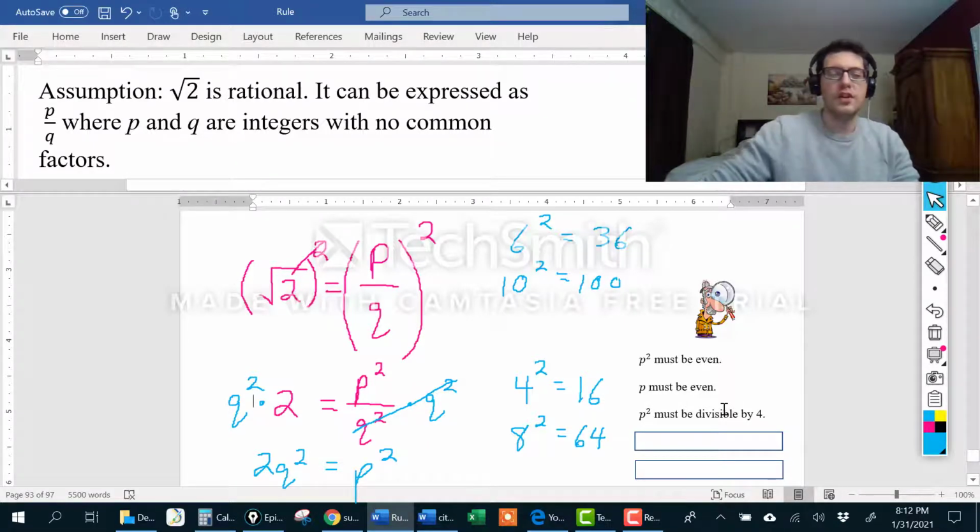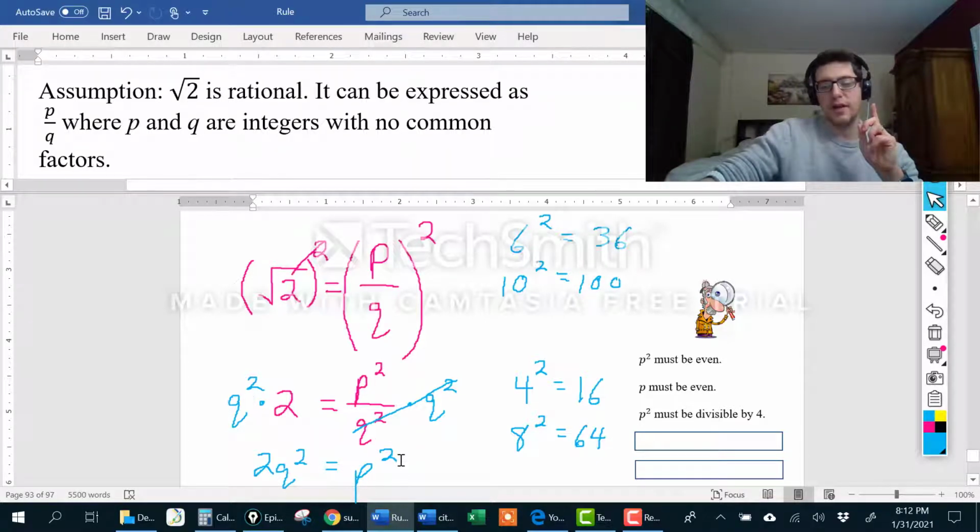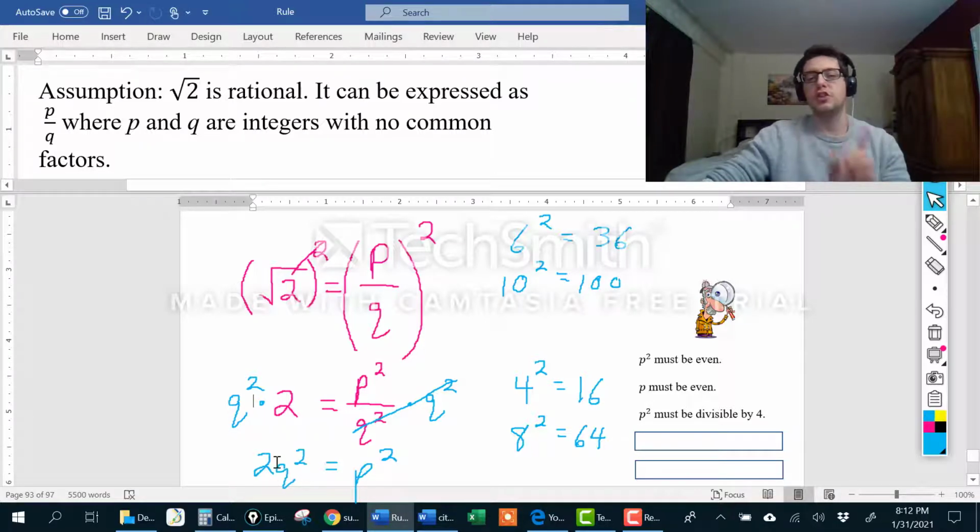Okay, so now I know that p squared is a number which is divisible by 4, and that's equal to 2 times q squared. Now again, I don't know what p is, and I don't know what q is, but I know that p squared is an even number, I know that p is even, I know that p squared must be divisible by 4, and now I can go back to this other side of the equation and think to myself, well, if this is a number which is divisible by 4, and this is equal to 2 times q squared, and q squared is just some other number, q squared must be an even number, because there must be 2 factors of 2 over here, okay?